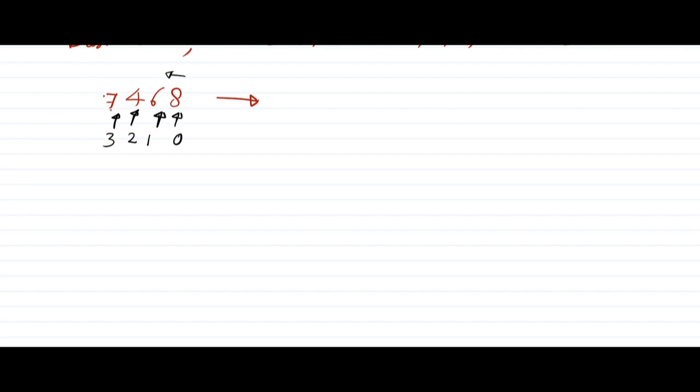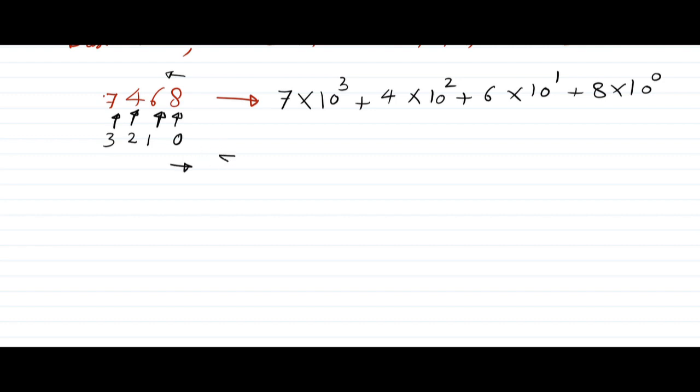This number 7468 can be written as 7 multiplied by 10 raised to power 3, plus 4 multiplied by 10 raised to power 2, plus 6 multiplied by 10 raised to power 1, plus 8 multiplied by 10 raised to power 0. So it is the summation of coefficient multiplied by radix raised to power place value.